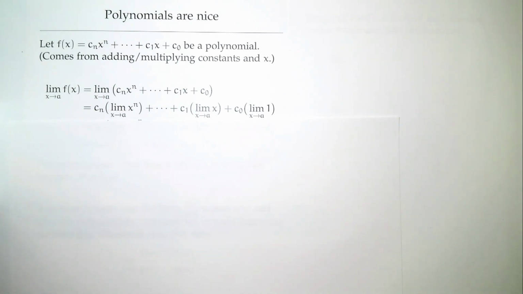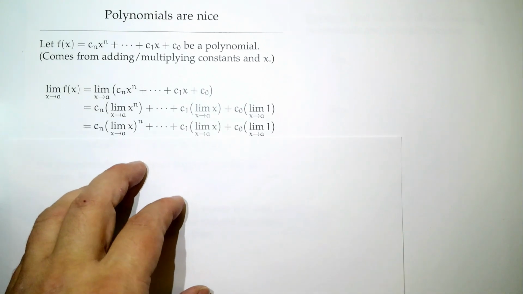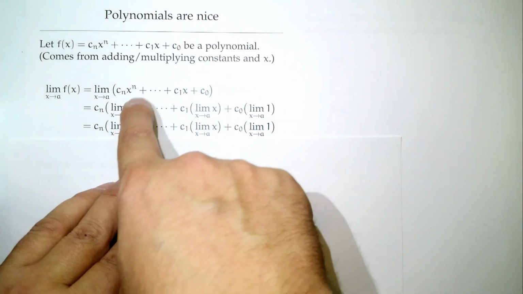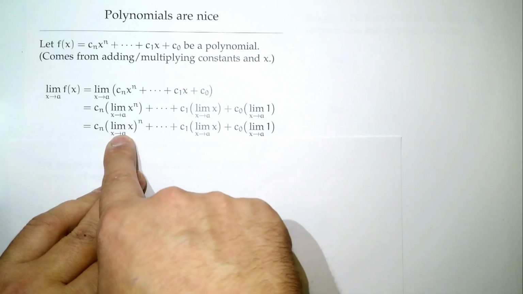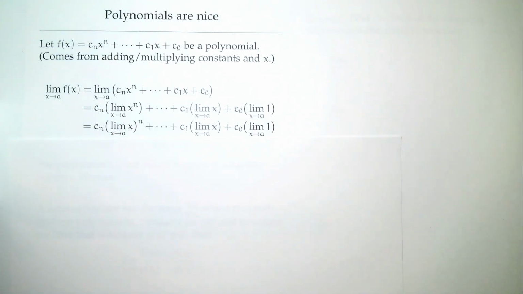And now each one of these little limits is something we can do. In fact, instead of thinking of it as x to a power, I'll think of it as a limit and have that limit to a power. So I can pull out the exponents. And now each one of the limits that are left is a very simple limit, and so I can evaluate. So polynomials are beautiful functions.